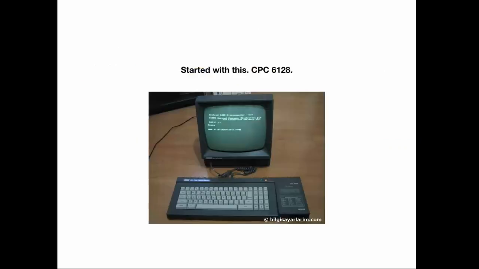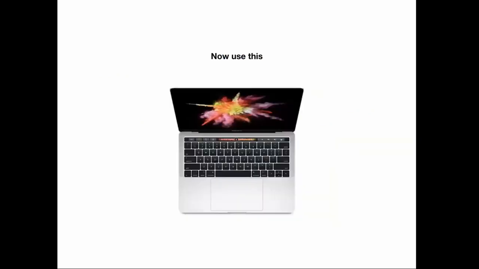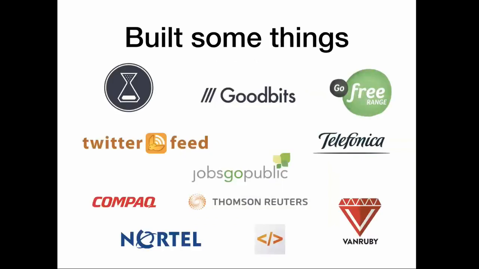So I started with this, an Amstrad CPC6128, lovely Amstrad computer, and kind of got me hooked in writing code ever since. I now use this. I hate the touch bar. It's terrible. I've built some things. Most recently, that is Brewhouse, this little symbol here in the top corner, and I was very lucky to work with some lovely people in the town.